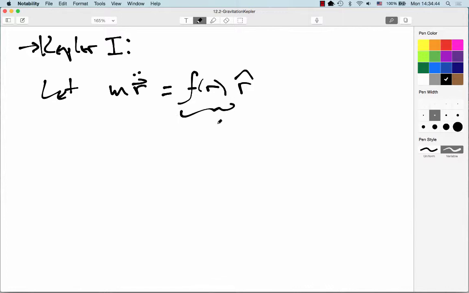So this is a scalar function, and the r hat takes care of the fact that it's central. Since it only depends on r, it also makes it isotropic because there's no theta or phi dependence. So this is a central isotropic force.